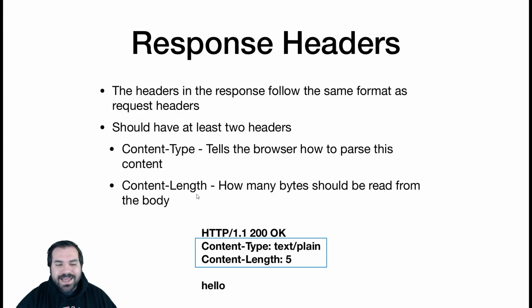And also the content length. This is something we'll talk about a lot, especially on homework 2. Content length will be critically important. Content length is the number of bytes contained in the body. So here we're sending plain text. We're sending the word hello. Each character in the word hello happens to be an ASCII character, which means each character is going to be a single byte.